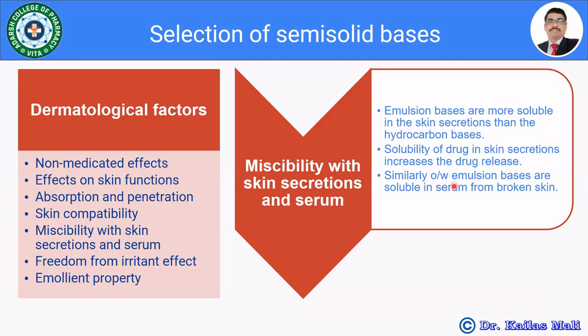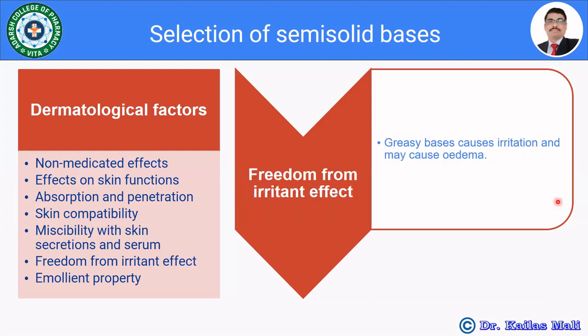Similarly, O/W type emulsion bases are soluble in the serum from broken skin. So if the product is miscible with the skin secretion or the serum, it is going to promote drug absorption.